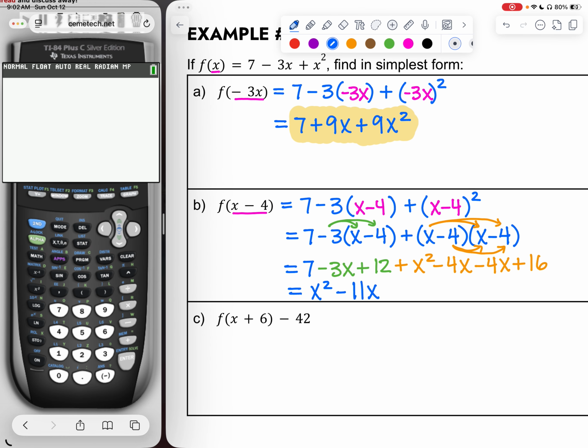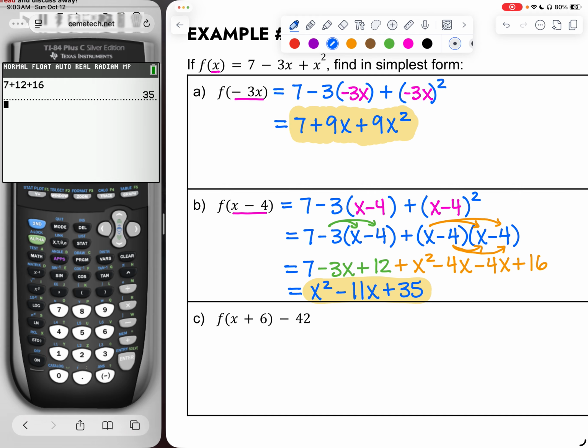And then we have 7 plus 12 plus 16, which is going to give us 35. So x squared minus 11x plus 35, that is your answer, all right, in simplified form.